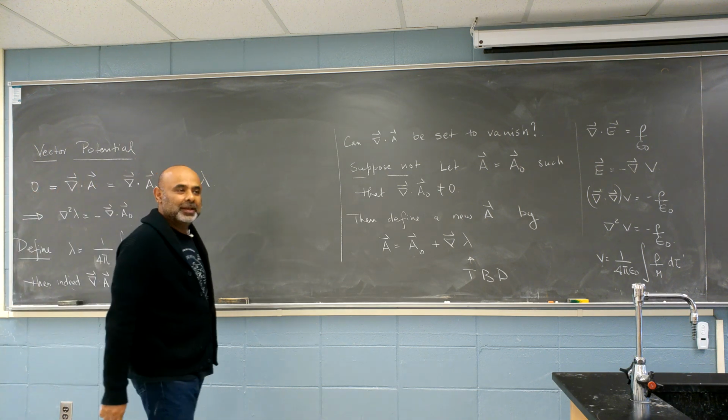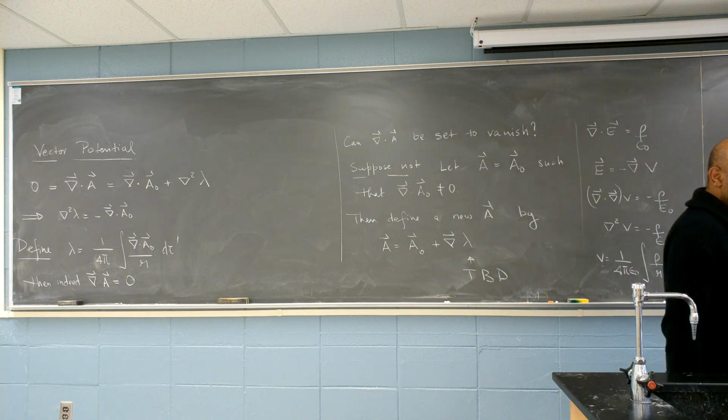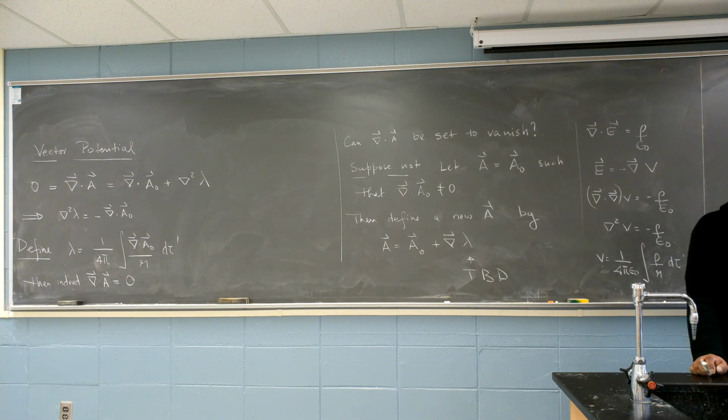Again, we're assuming the original vector potential vanished at infinity. If not, we're going to find other methods of doing it. We can always find, so the vector potential is not unique. Is the electric potential unique?